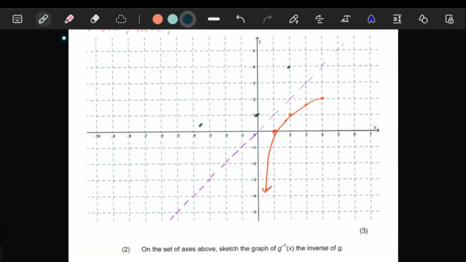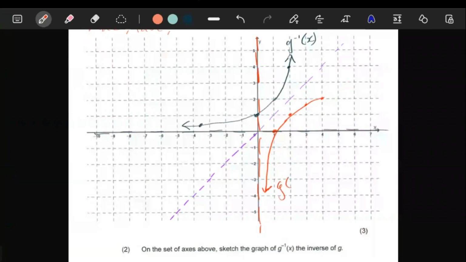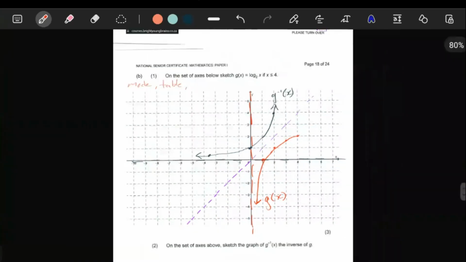And now remember, if your original asymptote is the one here, the new asymptote is going to be where the x-axis is. So the sketch there is just going to look like this. That's your inverse of G. The red one is the graph of G. There we go. Let's keep it moving.